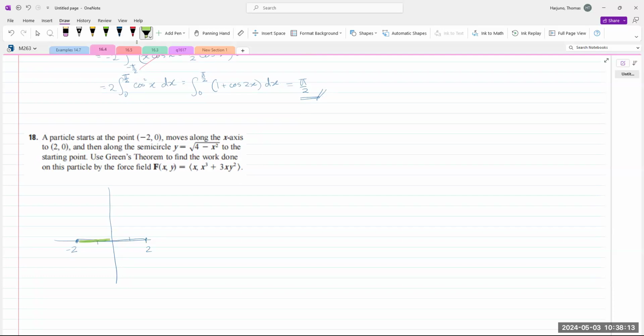Let's mark it this way. Then along the semicircle of y equals the square root of 4 minus x squared. So it's this, to the starting point. Notice that the orientation is positive with regard to this D, right?